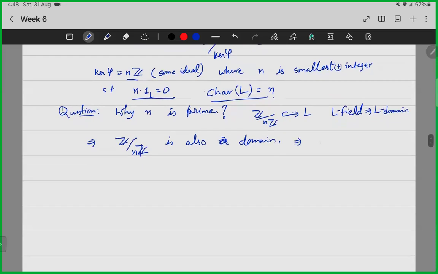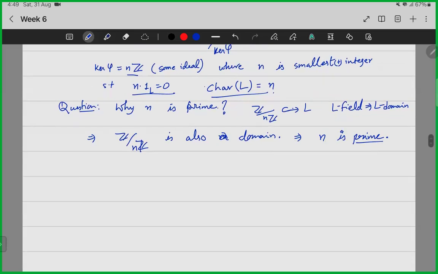This implies N is prime, and N should be bigger than 1. There is no chance of Z sitting inside L because Z is infinite and L is finite. So it is Z mod NZ where N is positive, and it should be prime because Z mod NZ should be an integral domain.